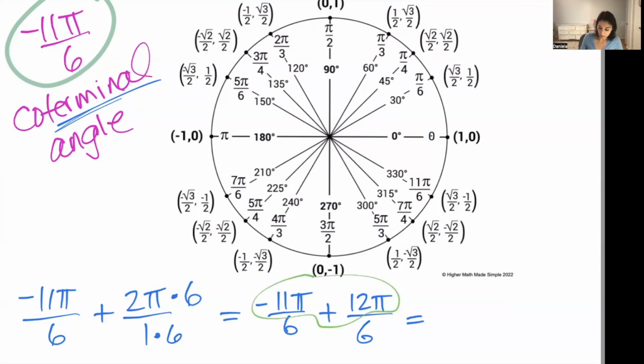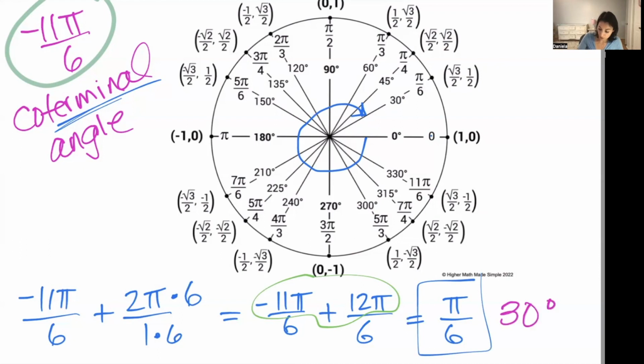Negative 11 plus 12 is positive 1. So this is positive pi over 6. So negative 11 pi over 6, which means I traveled 330 degrees in that direction, is the same exact thing as traveling pi over 6 radians, or in other words, 30 degrees in the positive direction, right? And that's what we saw before.